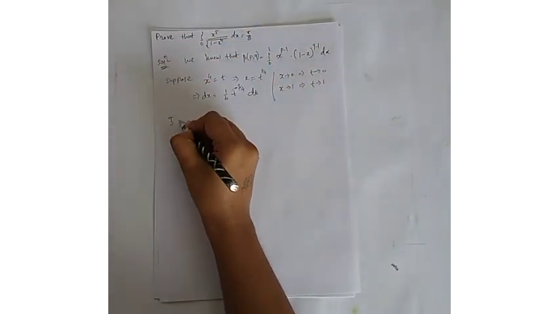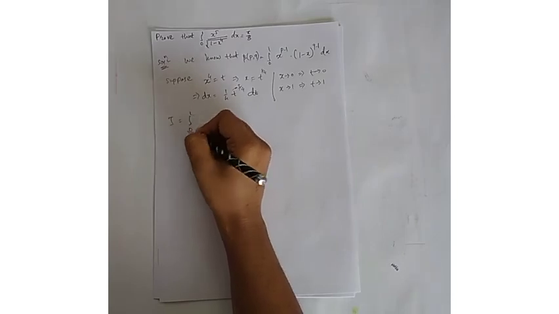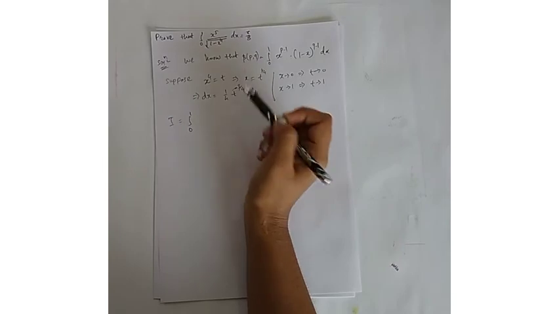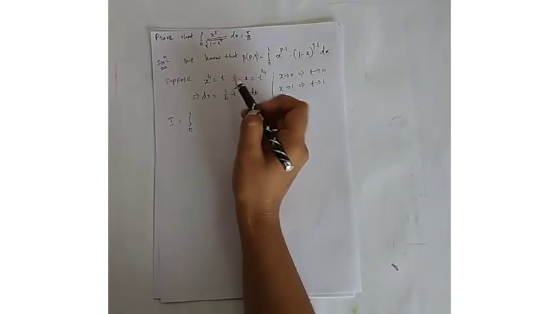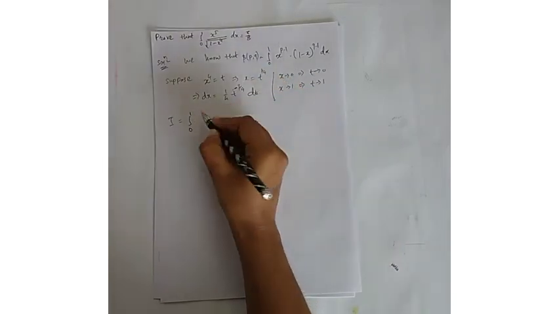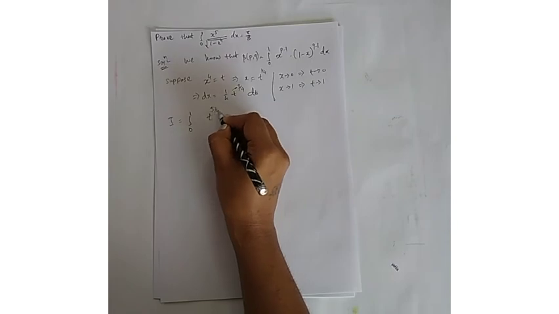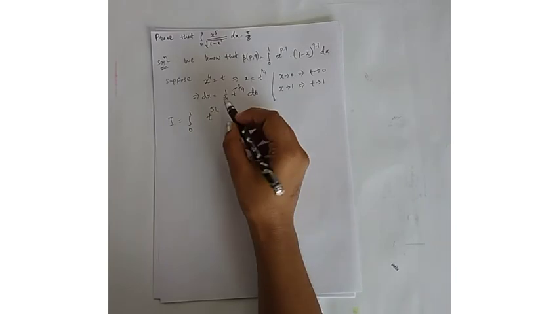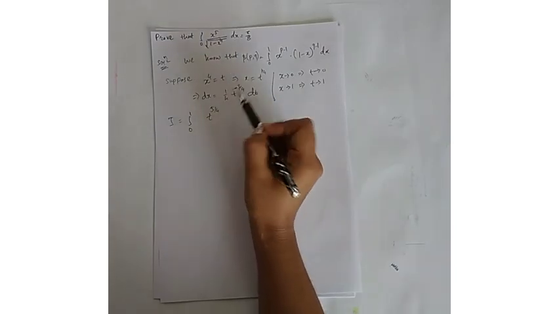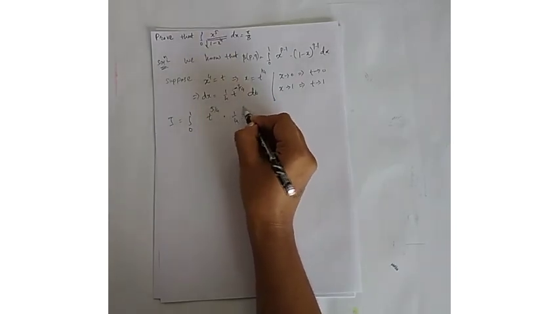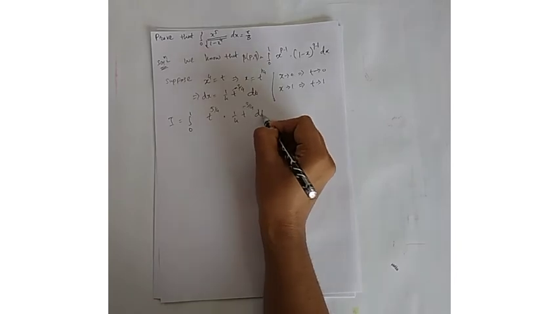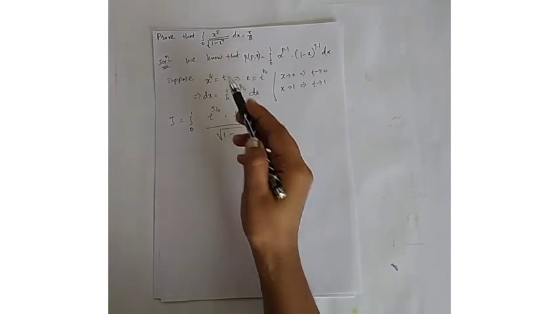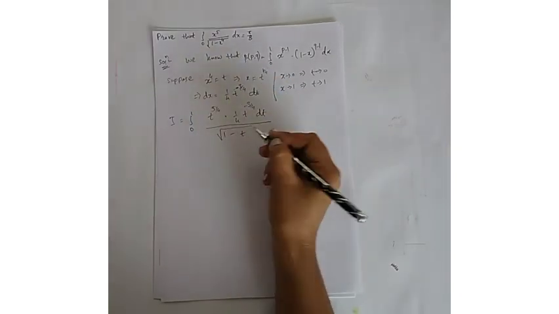So integration I is equal to integration with limit 0 to 1, x raised to 5 is equal to t to the power 5 by 4. Value of dx is 1 by 4 t to the power minus 3 by 4 into dt upon square root of 1 minus x raised to 4 is equal to t.